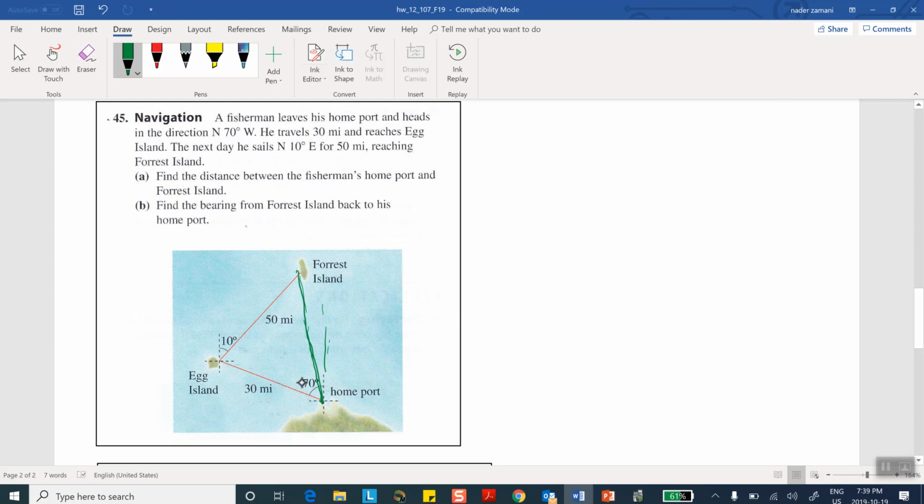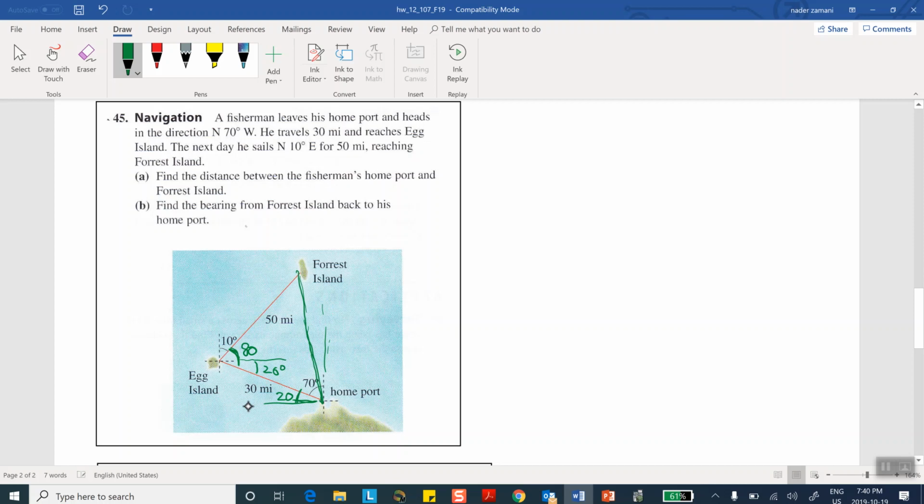That angle being 70 degrees means that this angle is 20. Look, this is 70, and if you draw the horizontal line here, this becomes 20. If that is 20, that means this angle is 20. And if that angle is 20, then this angle must be 80, of course.